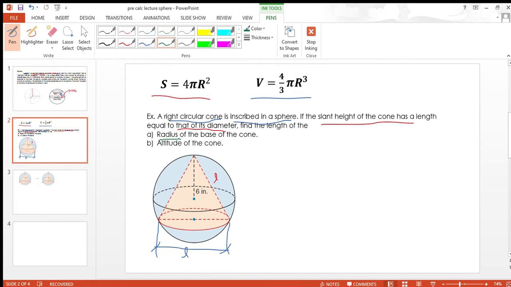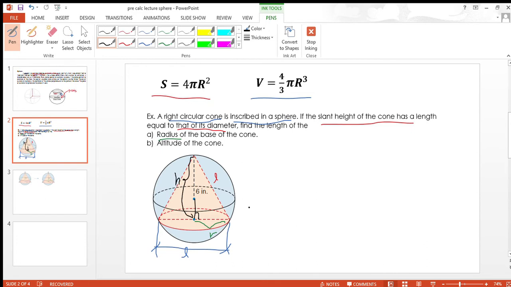We have to solve two things here. Find the radius of the base of the cone. It will be this section here, so let's call that R. Let R be the radius of the base, and let's also find the altitude of the cone. If we drop a perpendicular line here, then this entire segment will be the altitude of the cone.